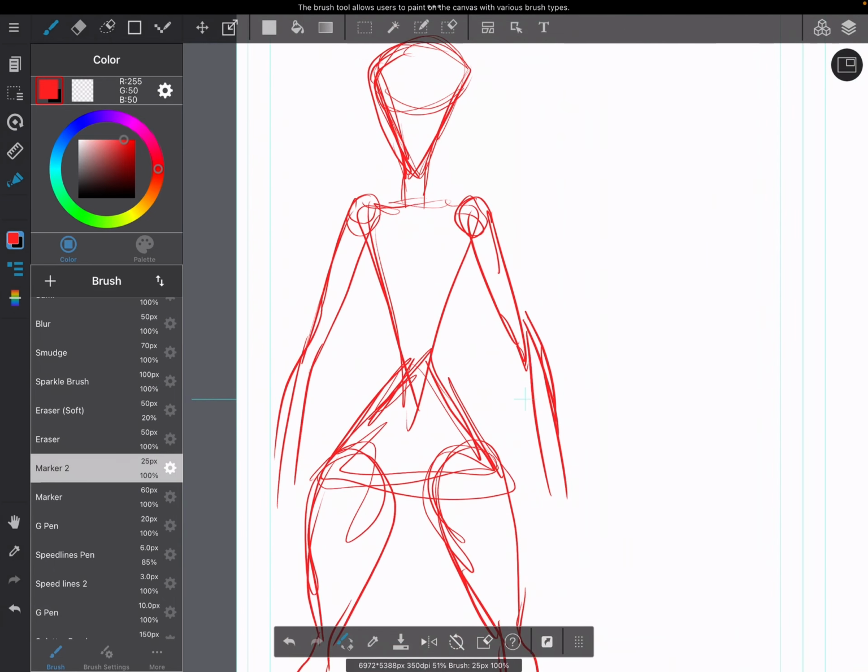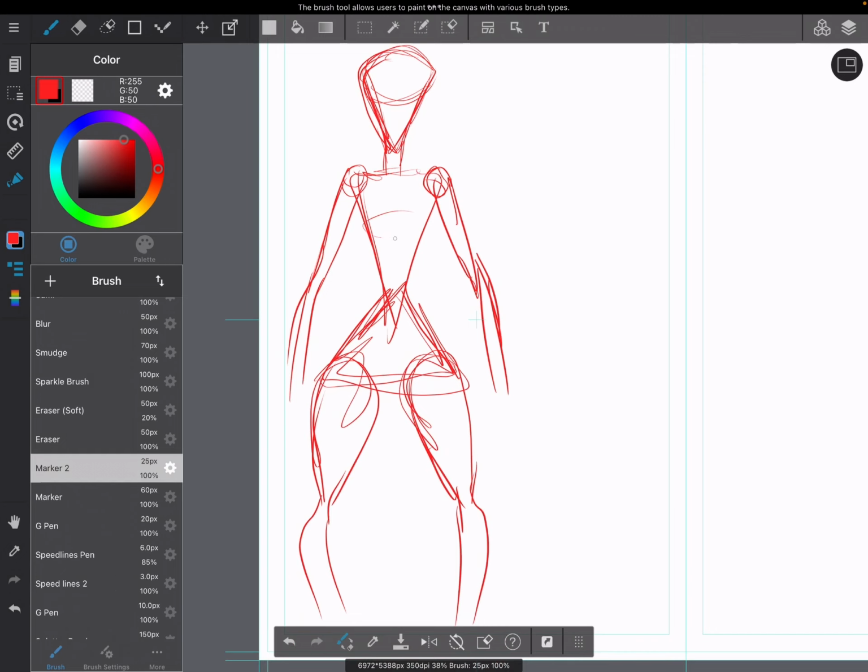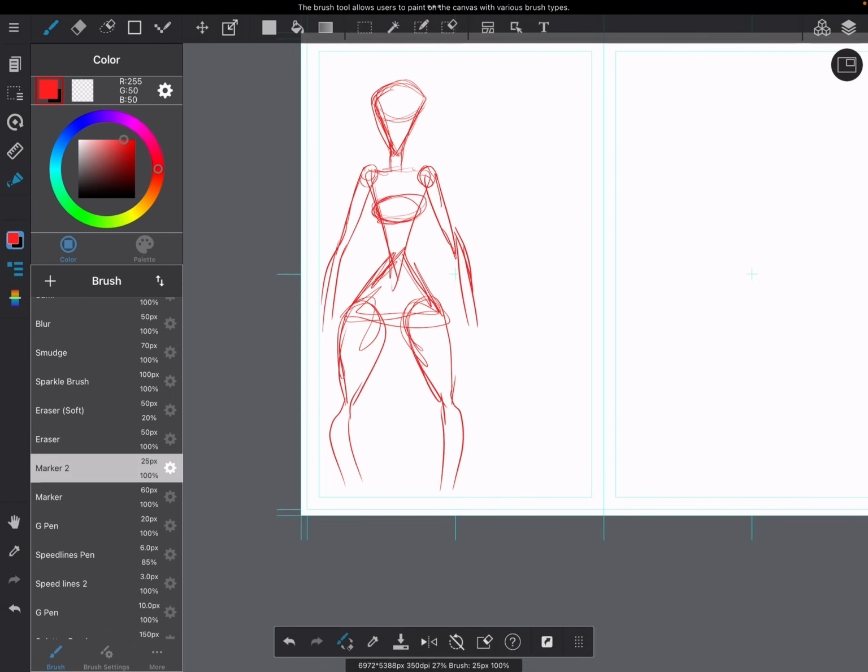So this is a character I have, and you see, working with basic shapes. If you're doing a comic book, you're gonna have to redraw the same character over and over and over 1,000 times.